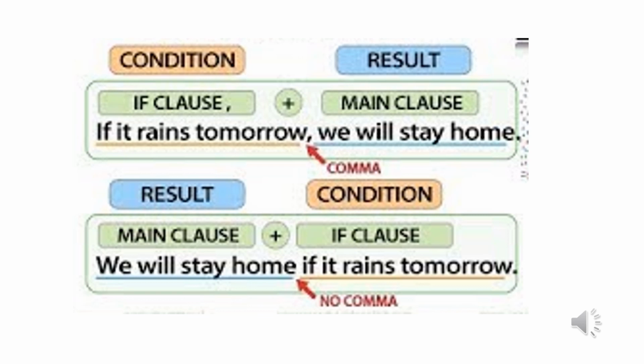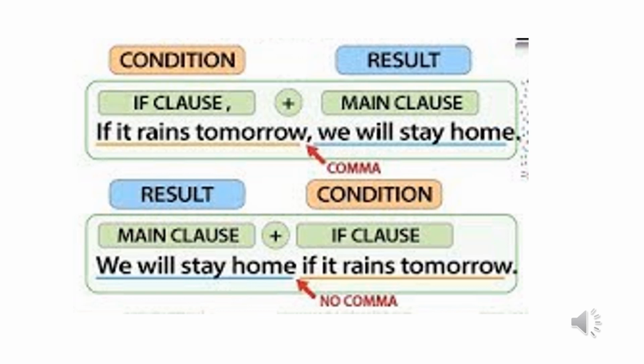When we want to write a sentence using first conditional, we will have two possibilities. Possibility number one is that we use first the condition, a comma, and after we write the result. For example, if it rains tomorrow, comma, we will stay at home.